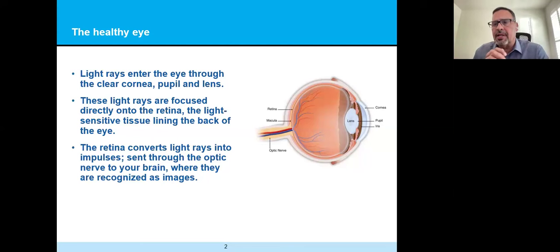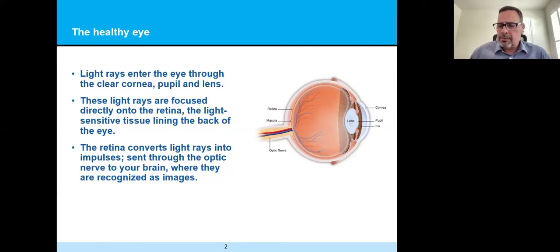There are conditions that can affect the retina, such as macular degeneration. In this diagram, the macula is the central part of the retina, and that area can be affected in patients who have genetic predisposition for this condition. And some conditions can affect the optic nerve, and we usually call those glaucoma.